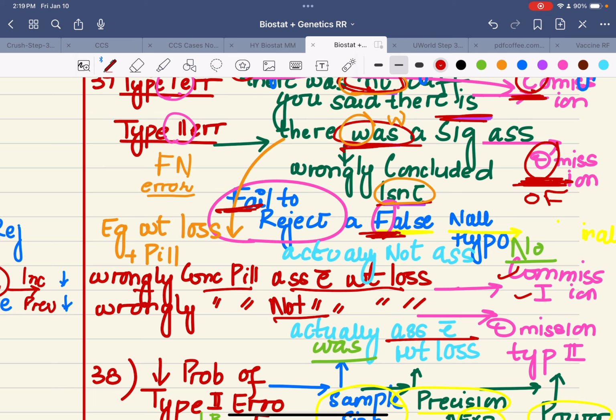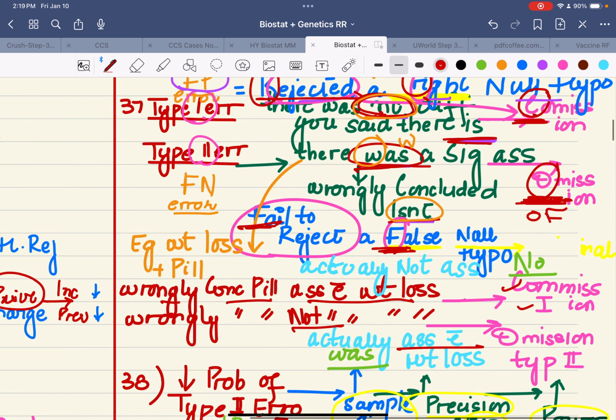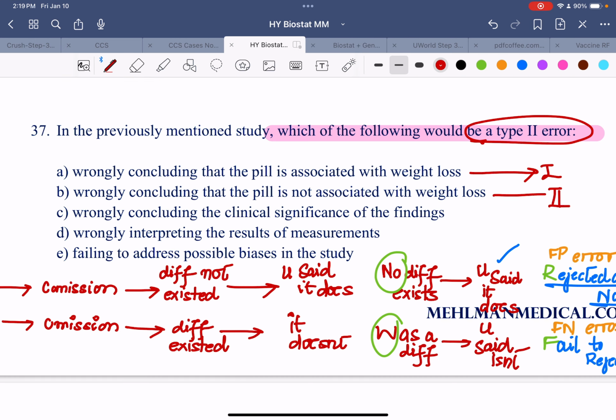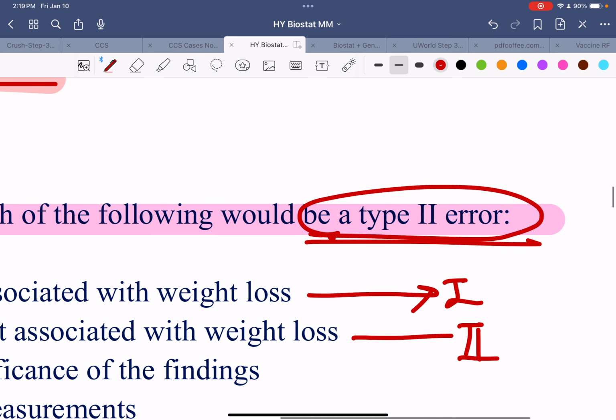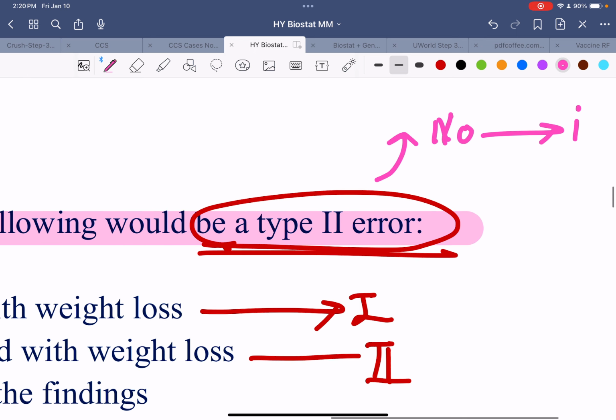Okay, so now once you have got the basics of what a type 1 and a type 2 error is, you can easily solve this question, right? On the basis of this, what would be the type 2 error? Remember the mnemonic said that for type 1, no association exists, but you say that there is an association, or I told you that you can remember it with the C, that it is an error of commission.